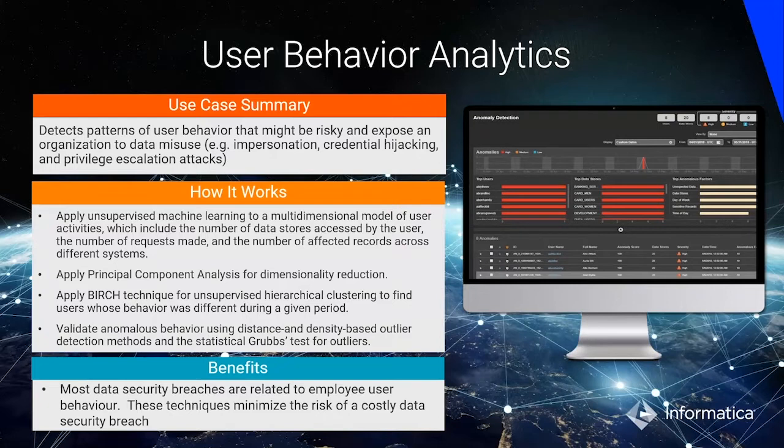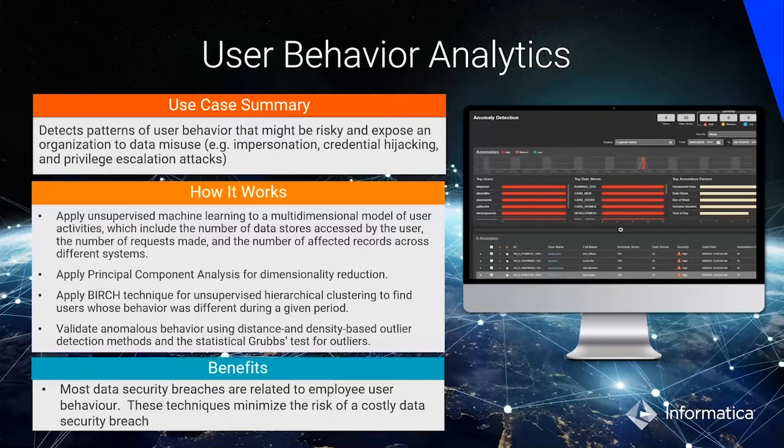Somebody on the last day of their work trying to download a database of information of your customers is not really great. User behavior analytics is able to look at that behavior and is able to raise red flags so that these kinds of impersonation, credential hijacking, and privilege escalation attacks can be found out at the right time.